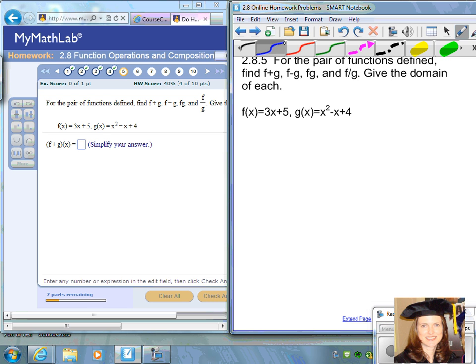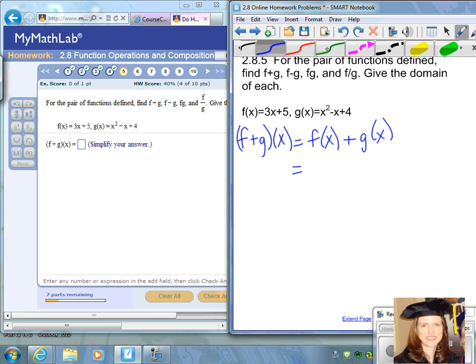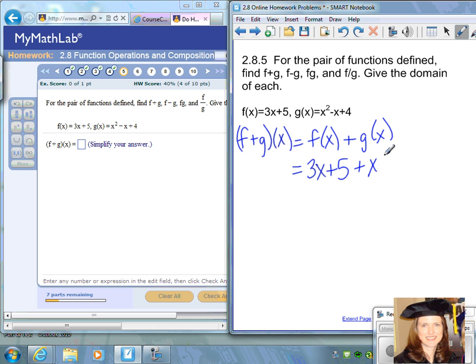To find the first one, which is f plus g of x, we want to find f of x plus g of x. We're going to take the f of x function and substitute it in, which is 3x plus 5, and the g of x function is x squared minus x plus 4.